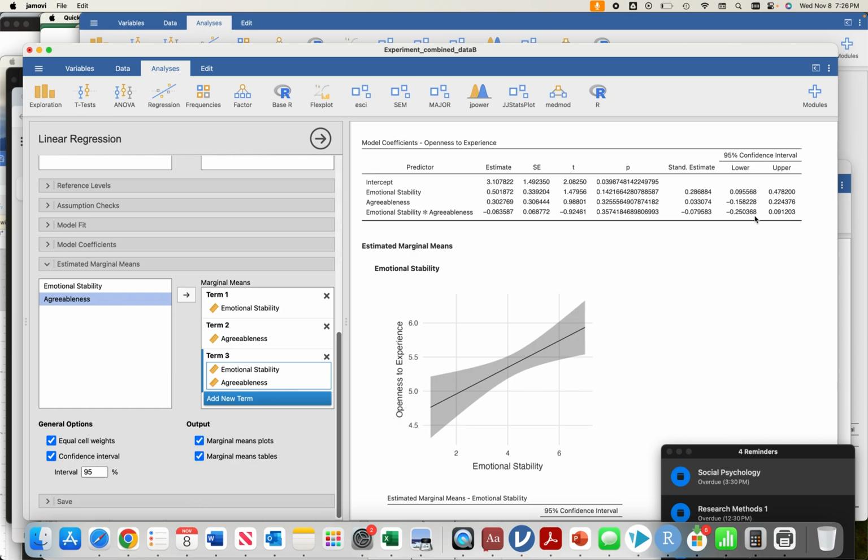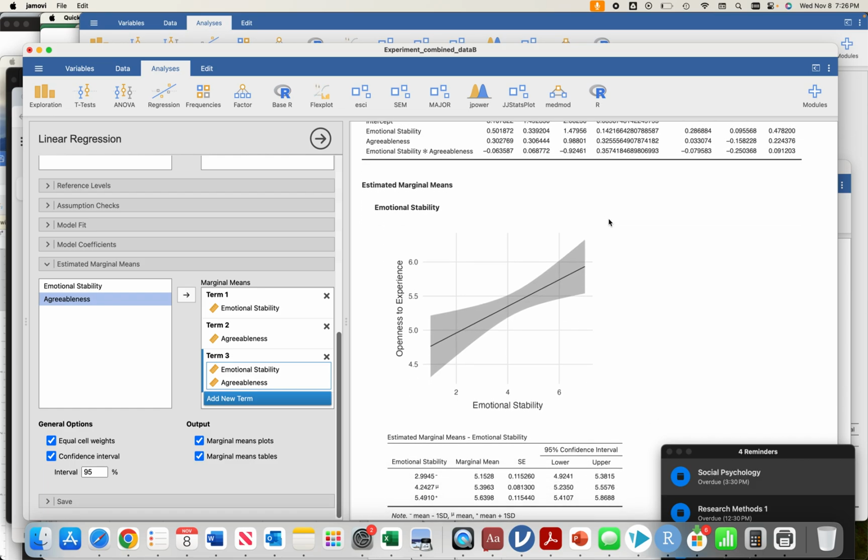Negative being a negative correlation and positive being a positive correlation, right? When you're presenting this on your poster, all you have to say is the effect of emotional stability on openness to experience is non-significant and the result is inconclusive. The effect of agreeableness on openness to experience is non-significant, the result is inconclusive, and the interaction is non-significant and the result is inconclusive.